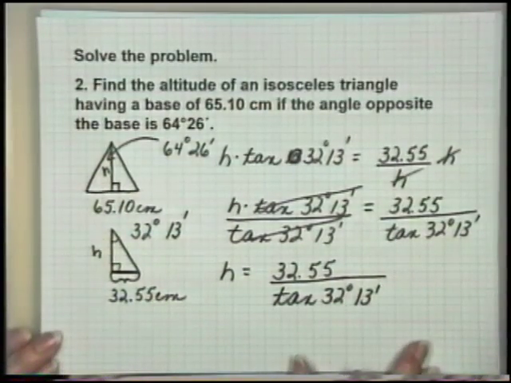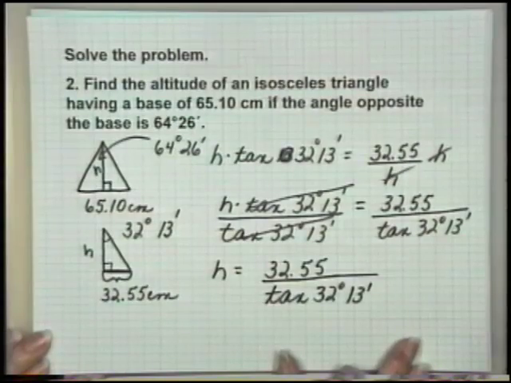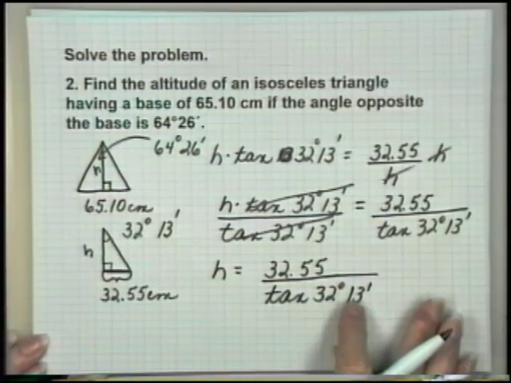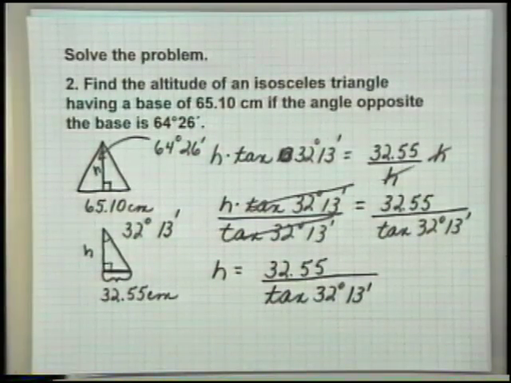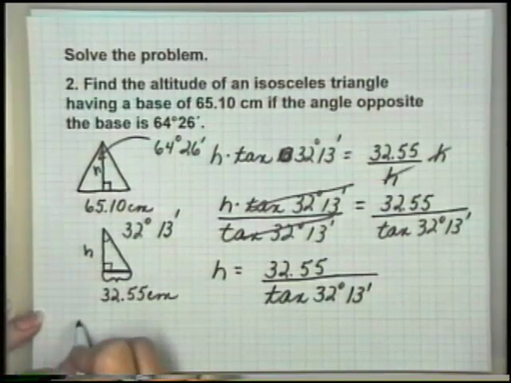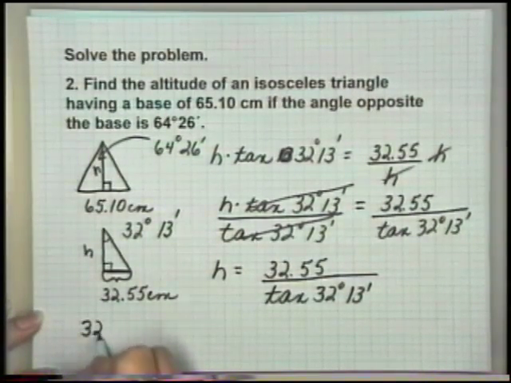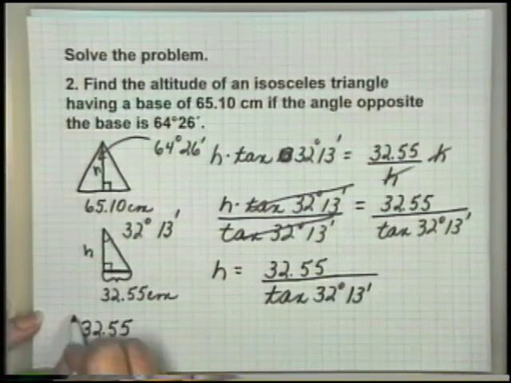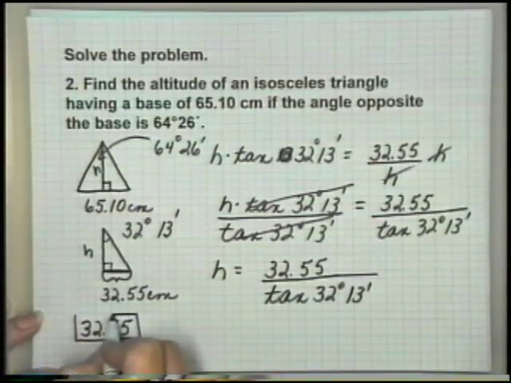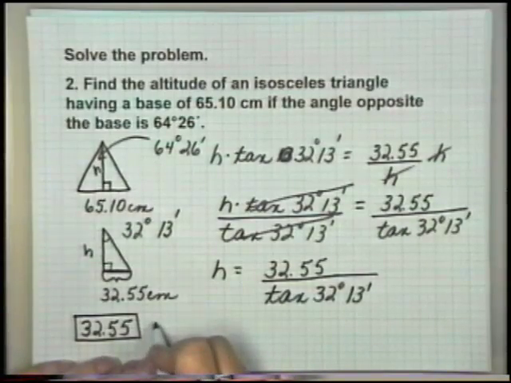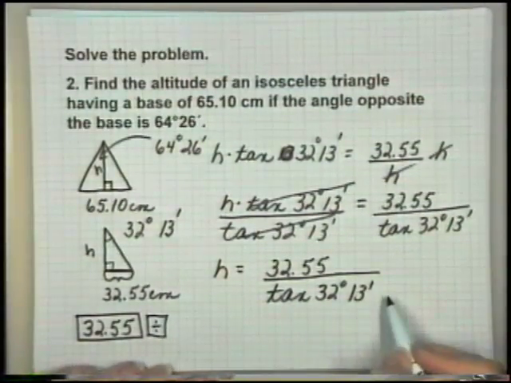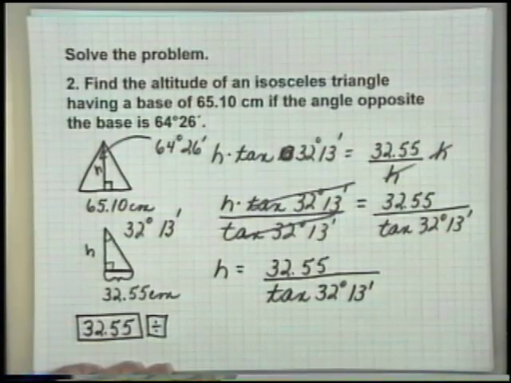Now, I'll have to be careful on my calculator to convert 32 degrees, 13 minutes to decimal degrees, because that's how my calculator likes it. So, using a scientific calculator, I will first put in the 32.55 divided by, and then I need to calculate this tangent.